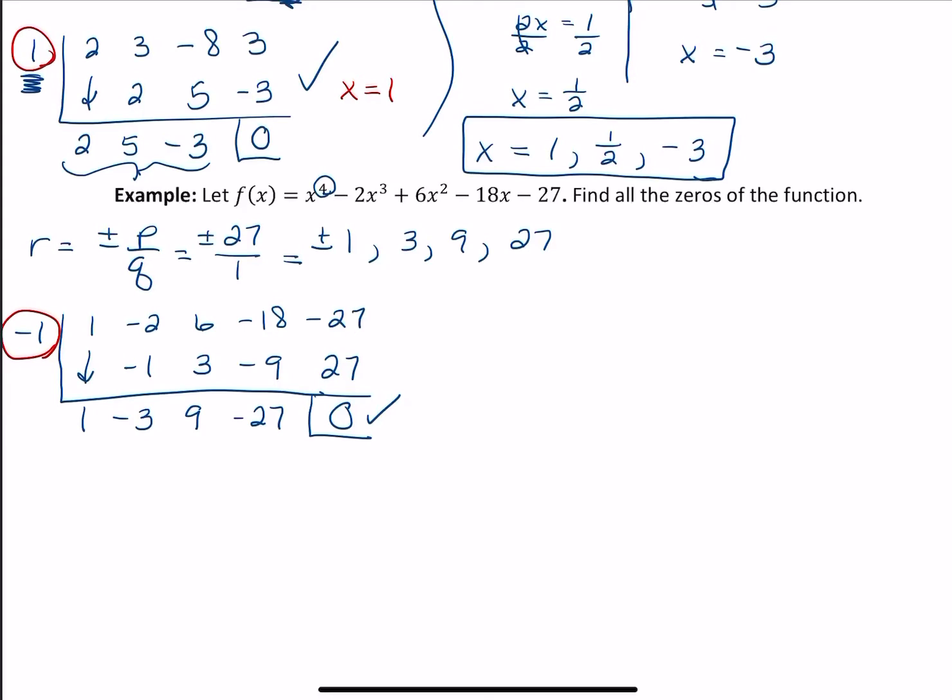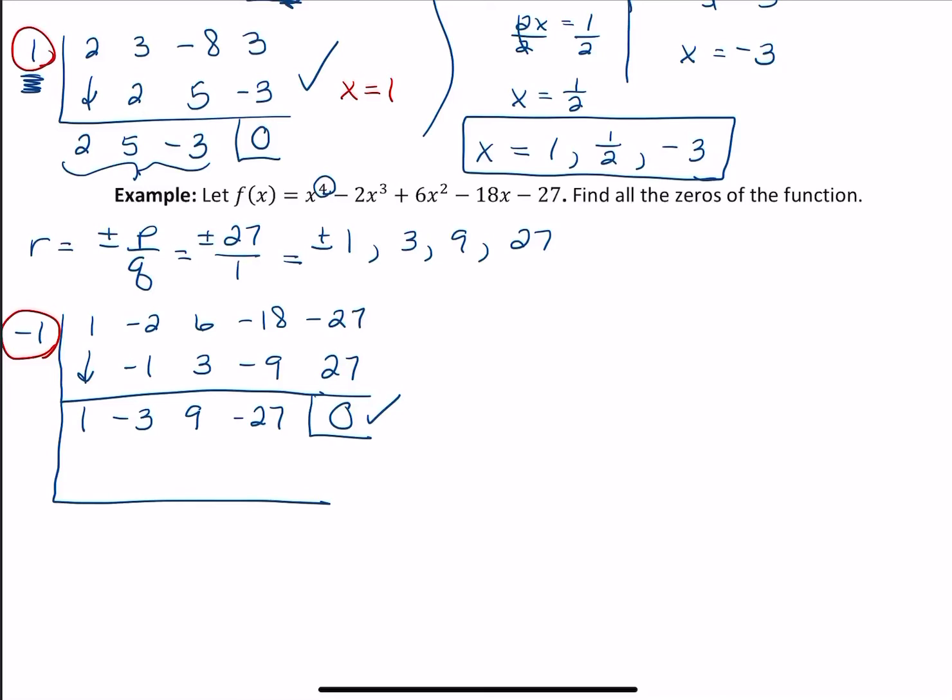So what that means is that this answer is x cubed minus 3x squared plus 9x minus 27. So I still want to find another 0 that works so I can get it down to a quadratic by dividing out one more. And instead of starting completely over, you can just start from the answer to your first 0.